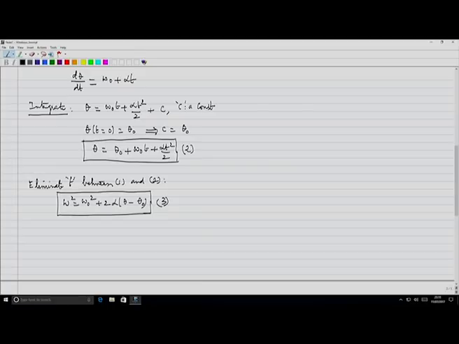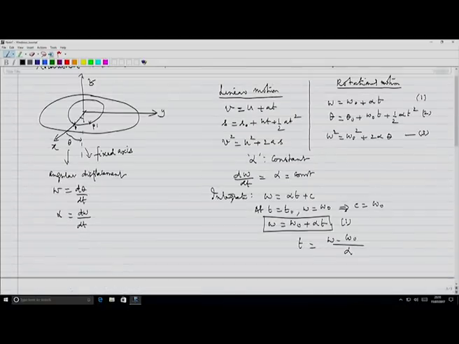So what we realize from this is the following. From these two kinematical equations, the role of linear velocity is taken over by omega, and the role of displacement S is taken over by angular displacement.